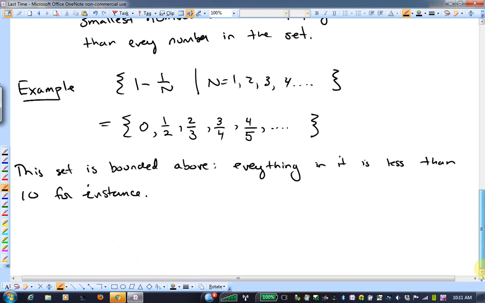Okay? But you might ask yourself, what is the least upper bound for this set?